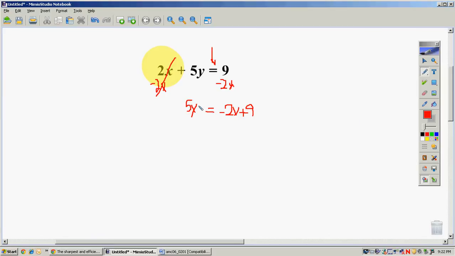Now we're almost done. It's just a two-step equation to get the y by itself. Remember, you have a number touching a letter. 5 is touching the y.